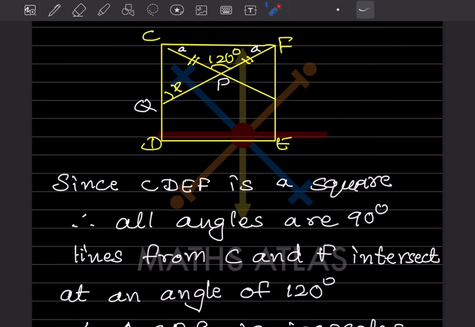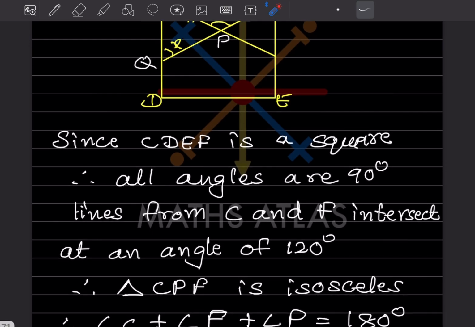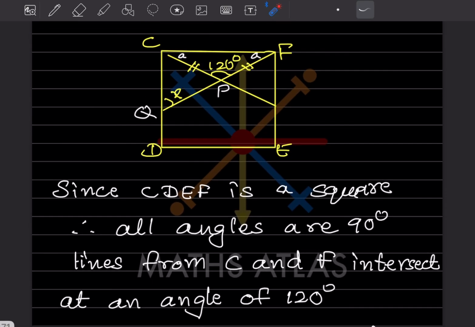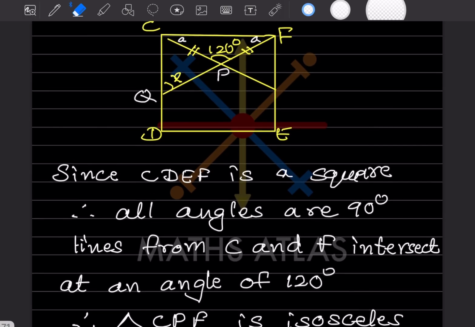So we can say triangle CPF is an isosceles triangle.